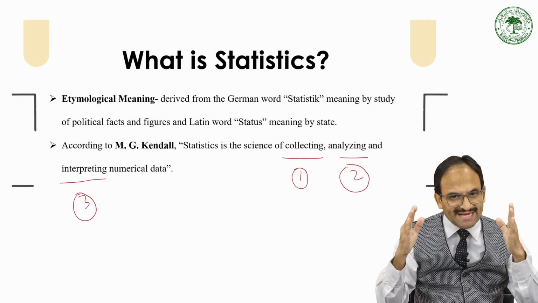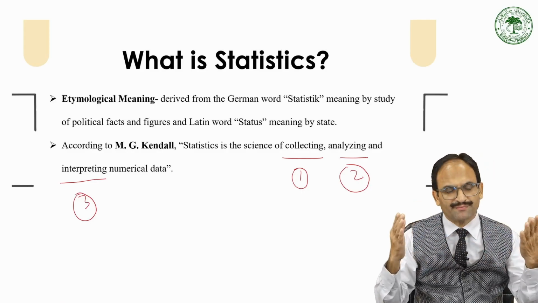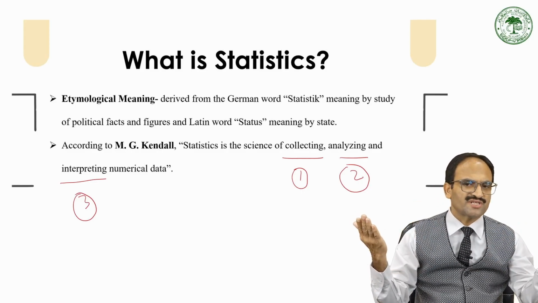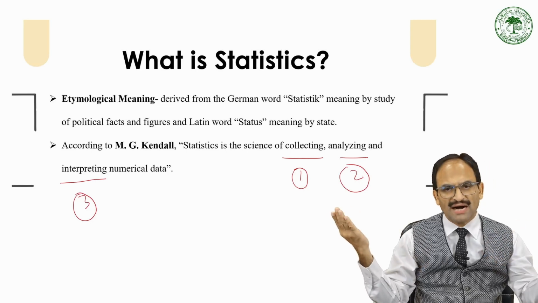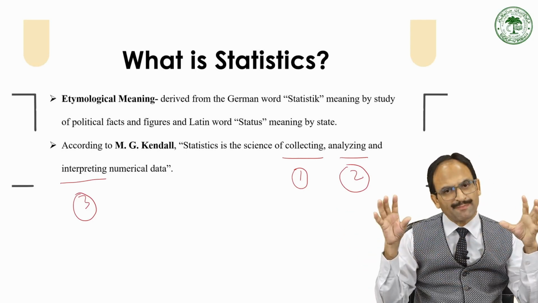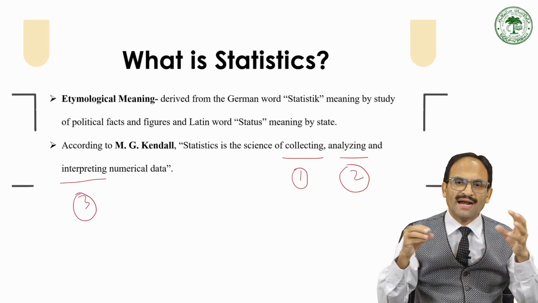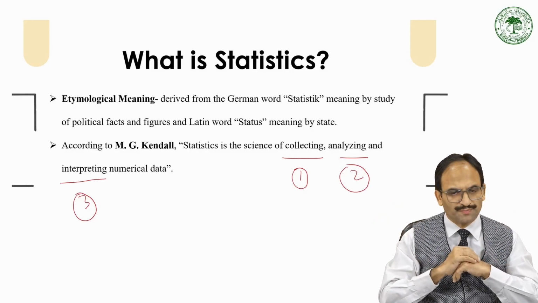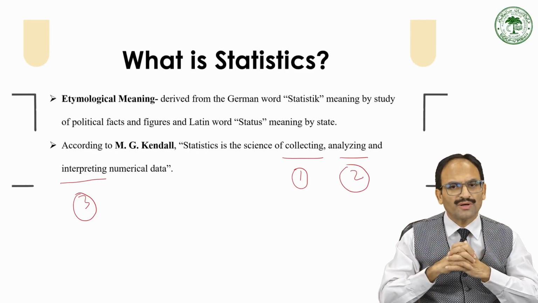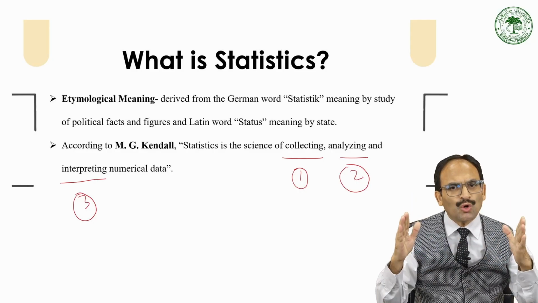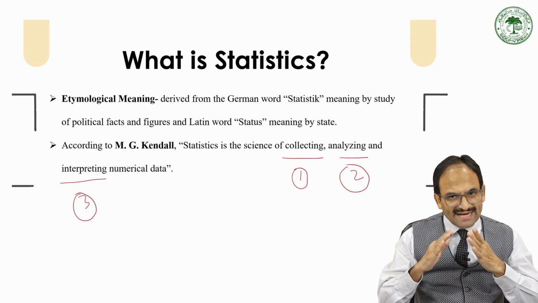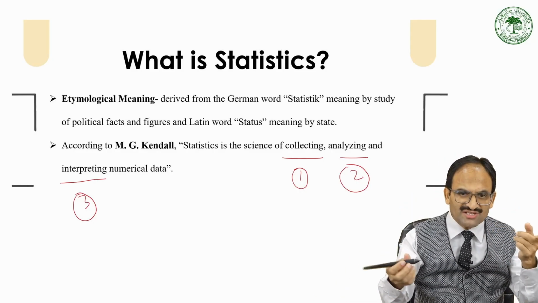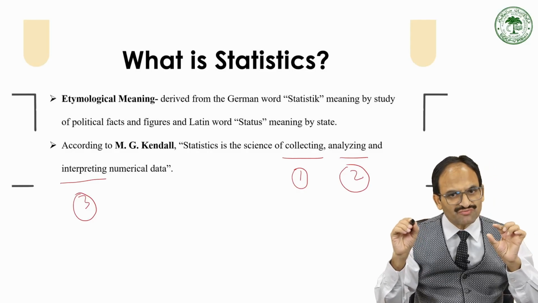I took a test, and suppose it is a 100 marks test. Students appeared in the test, and then I scored and got the scores. Now the scores are like that. As I mentioned, maximum marks were 100.